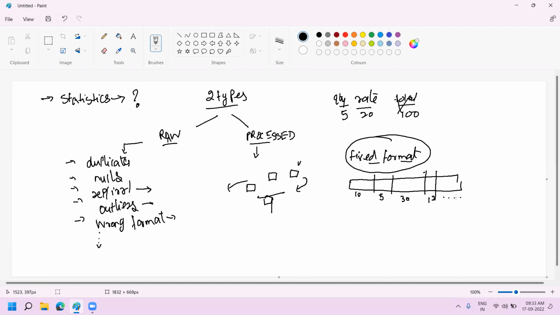Now, for some reason, this vendor is not giving the data in this format. Then imagine what is going to happen when you upload this data into your system. Let's say that the format passed is 10, 2, 6, 1, and 4.